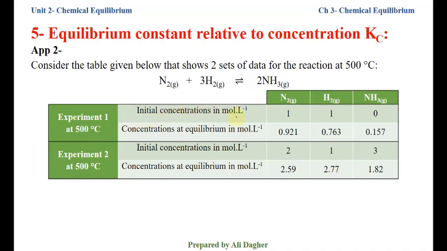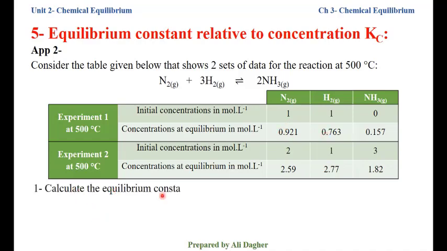The initial concentrations are different: 1 mole and 0 mole for experiment 1, while the composition for experiment 2 is different: 2 moles per liter, 1 mole per liter, and 3 moles per liter for NH3. Then we start from different initial concentrations. At equilibrium, we also obtain different concentrations.